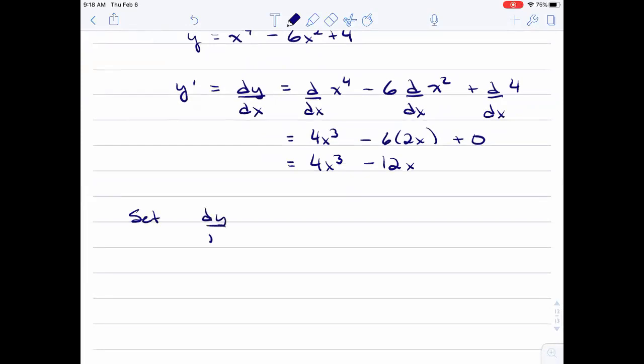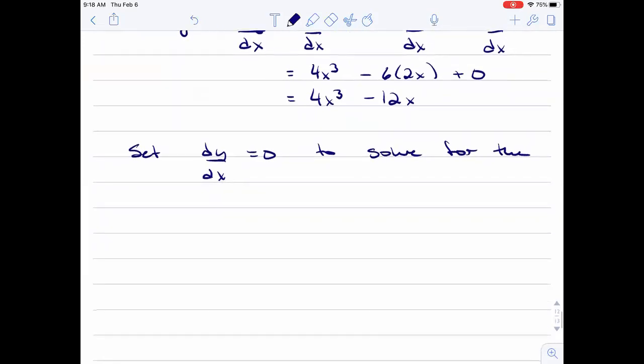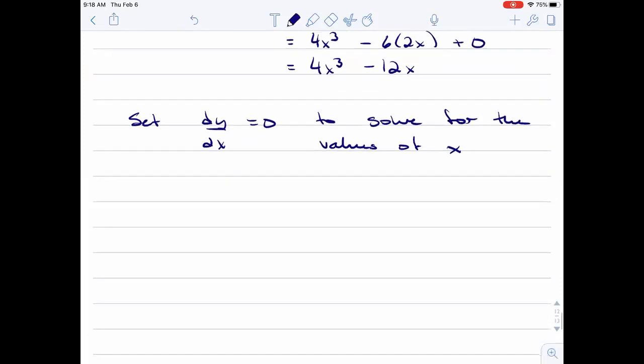Set dy dx equal to 0 to solve for the values of x that make the slope of the tangent line 0, or the values of x that give horizontal tangent lines.